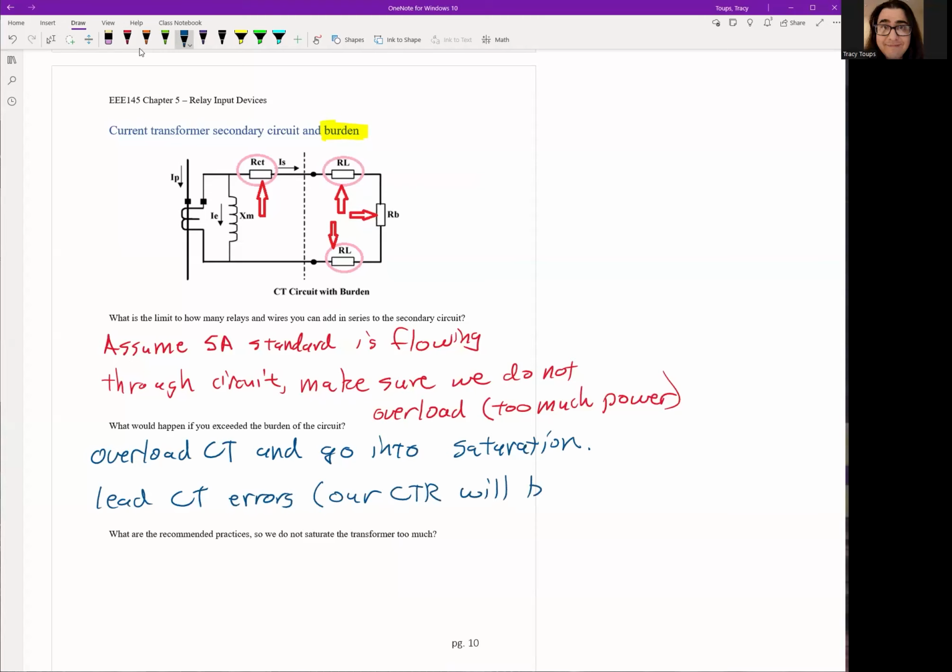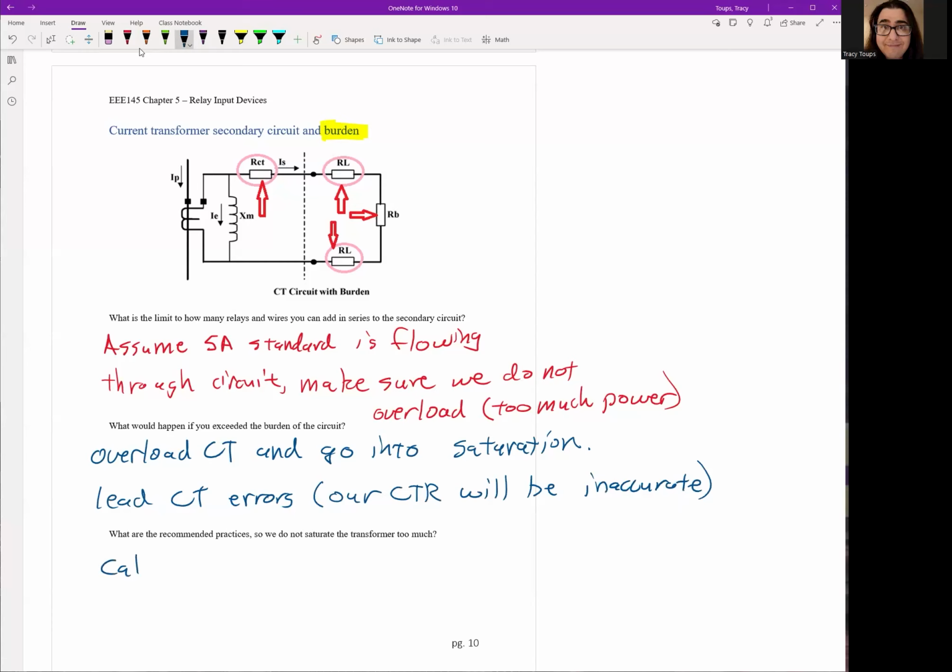This is bad because the relay won't get the correct information, and it's like you just blinded yourself from the decision-making process. So definitely this is a big issue. Don't let your CTs go into saturation, and we can design for that by making sure the CT is beefy enough to take that amount of power. So how can we do this? Well, we need to do some calculations.